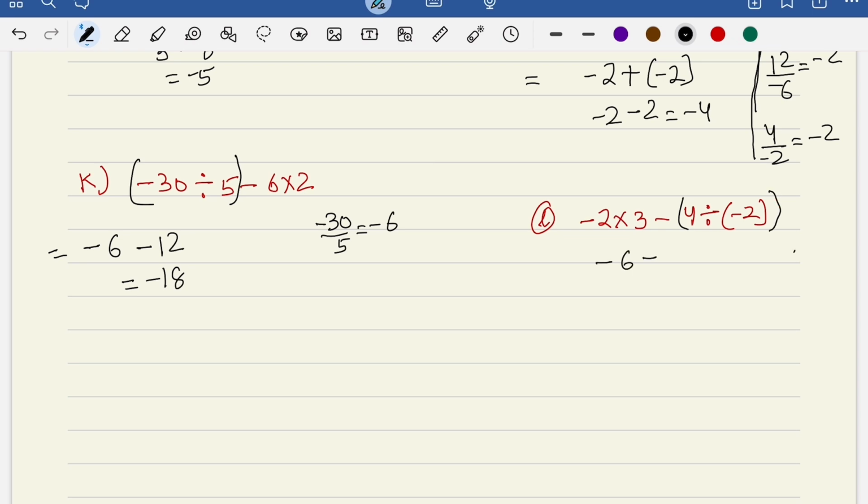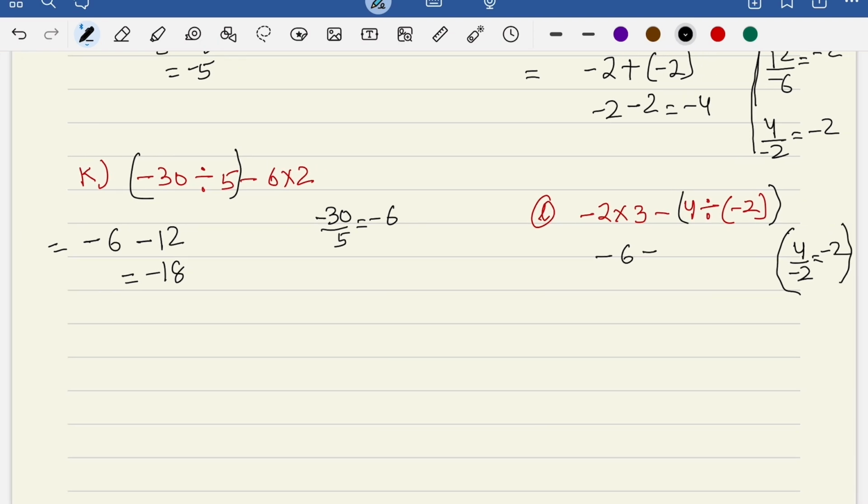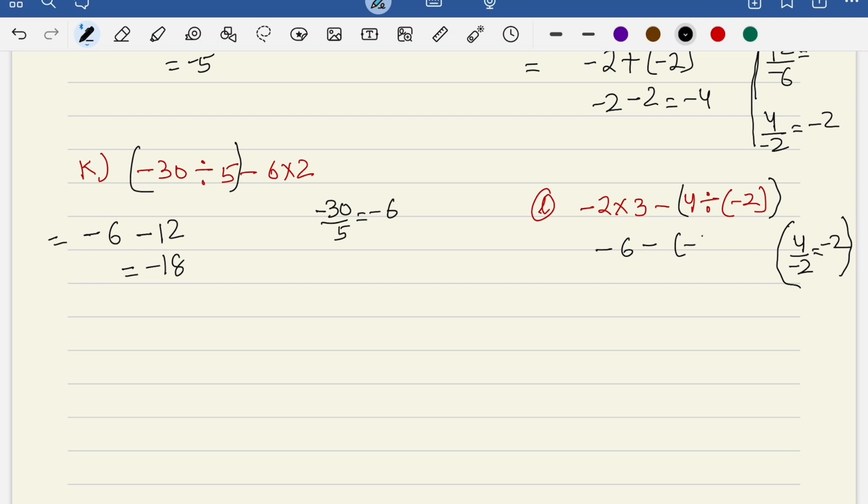Minus 2 times 3 is minus 6. Then there is a minus sign. 4 divided by minus 2 is minus 2. So in the bracket we would put minus 2. So it is minus 6 plus 2. 2 minus 6 is minus 4.